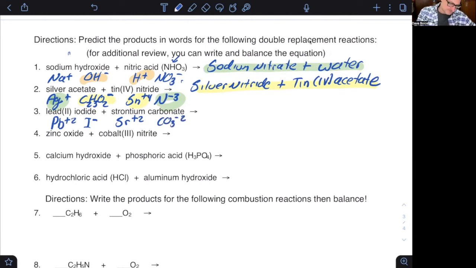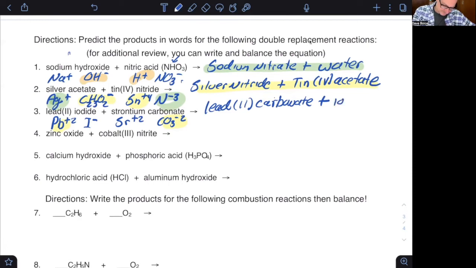So I'm going to put my positive with my negative. And so that's going to be lead II carbonate plus iodine and strontium.